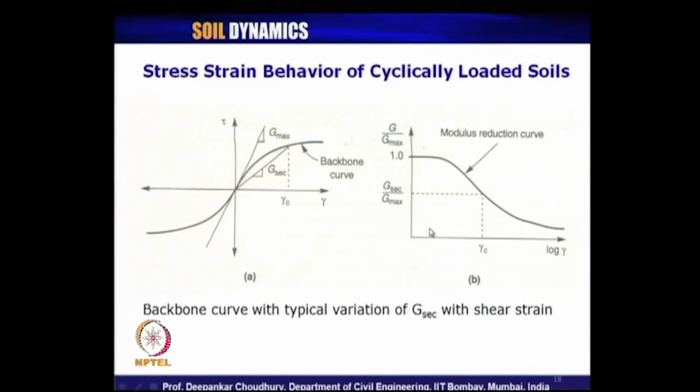At any higher shear strain, if we want to find the G value from this modulus reduction curve, we should be able to compute the G secant. That is why it is a very popular, common way to represent laboratory soil test data in terms of the modulus reduction curve.